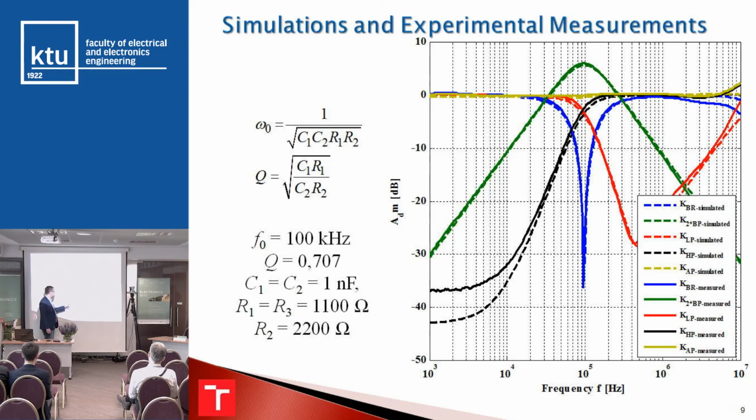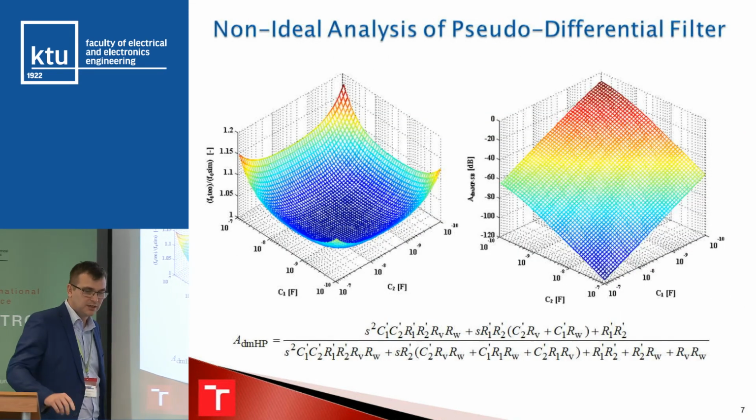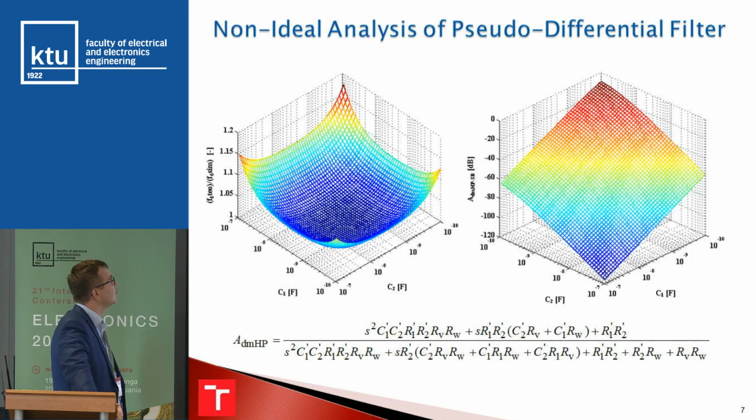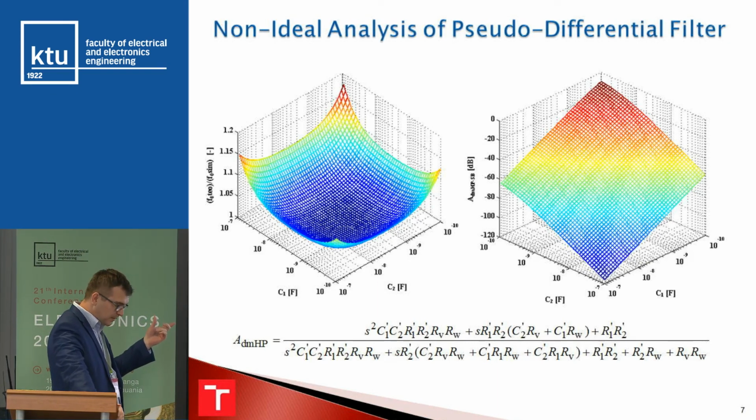So the difference here is caused by the fact that when we analyze the non-ideal parameters, we analyze just the parasitic impedances of the active elements and assume the inner voltage and current transfer to be unity, to be ideal.